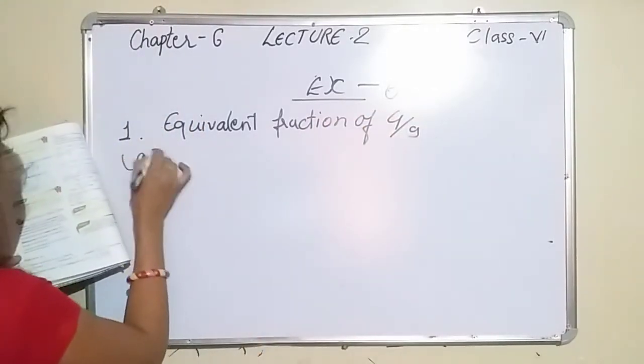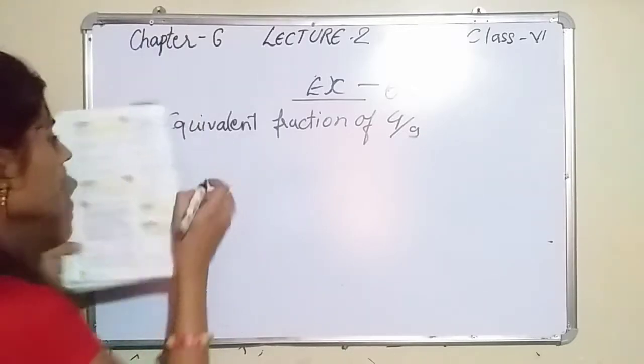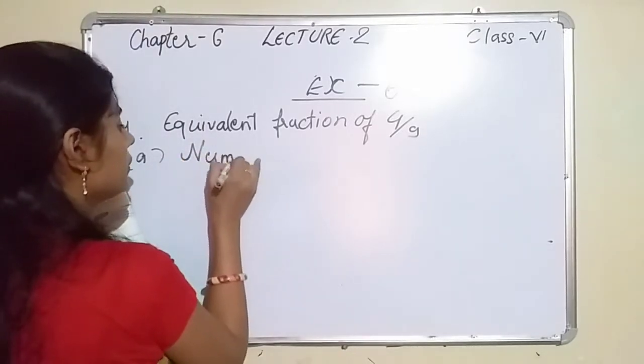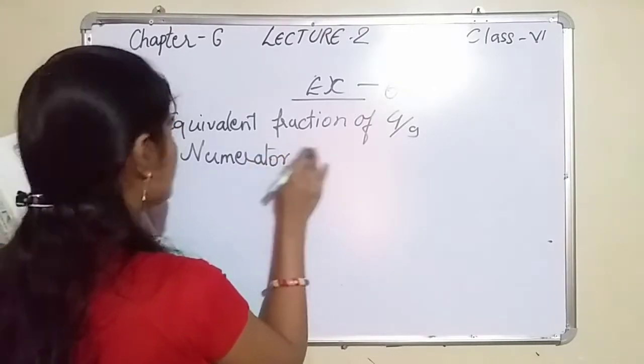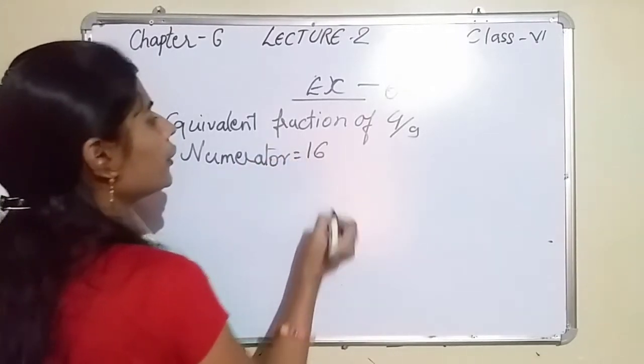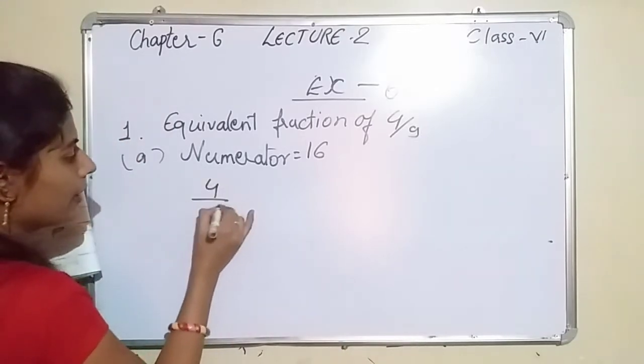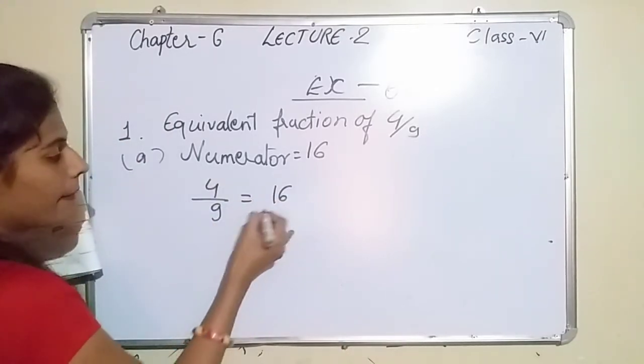In A, what is given? Its numerator must be 16. Numerator is equal to 16. For numerator 16 means 4 by 9 is equal to 16.